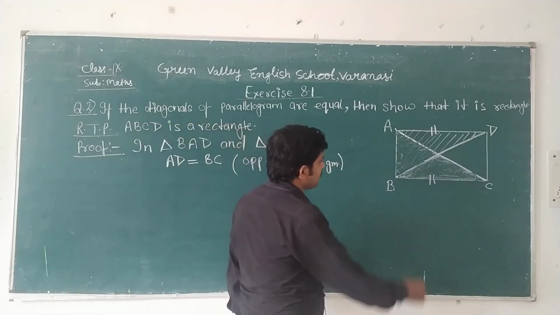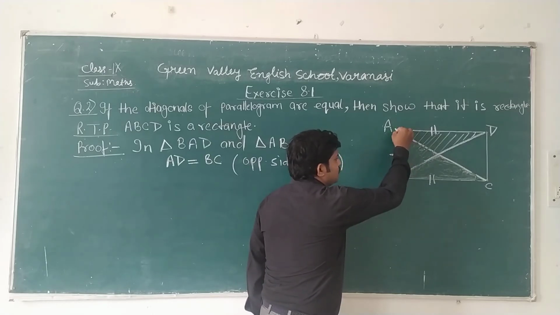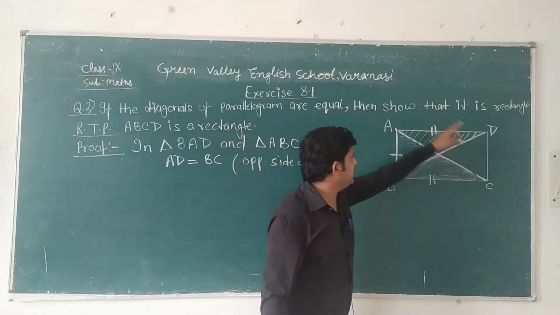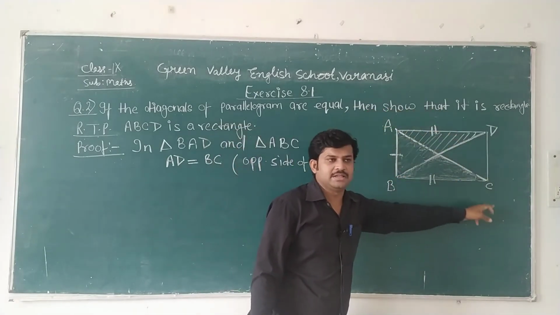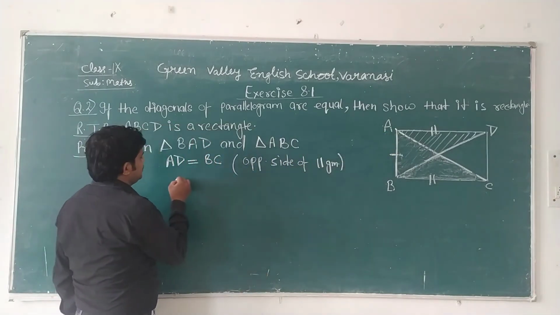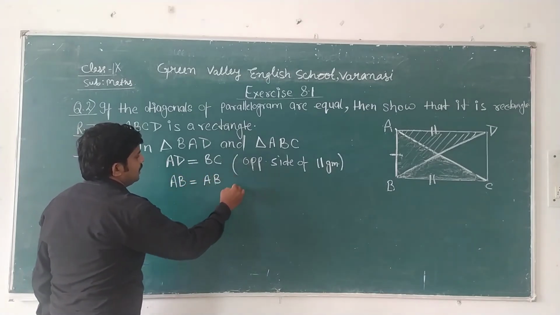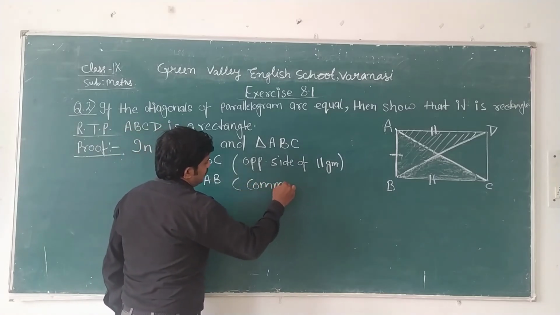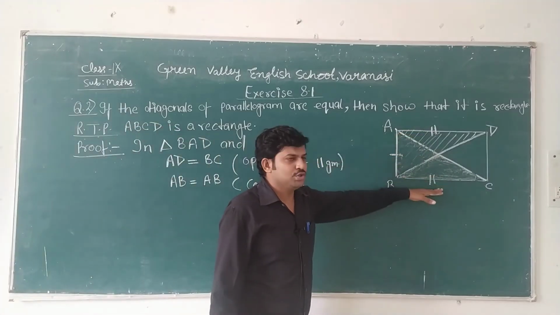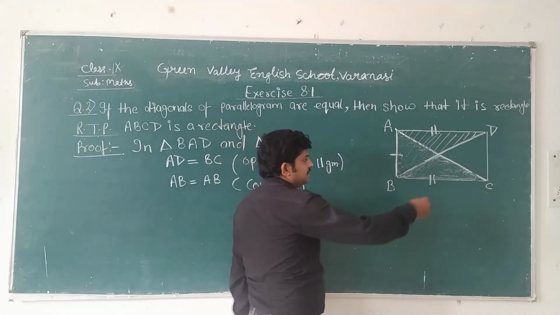Second, AB is the common line of triangle BAD and triangle ABC. We write AB is equal to AB, common.